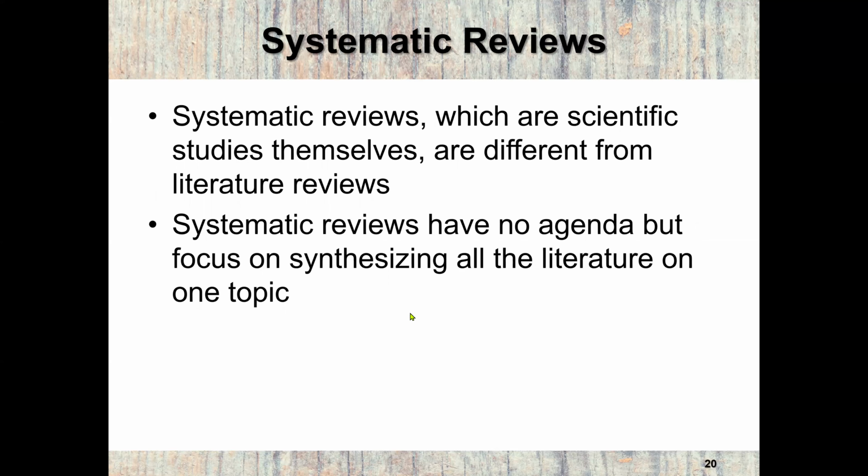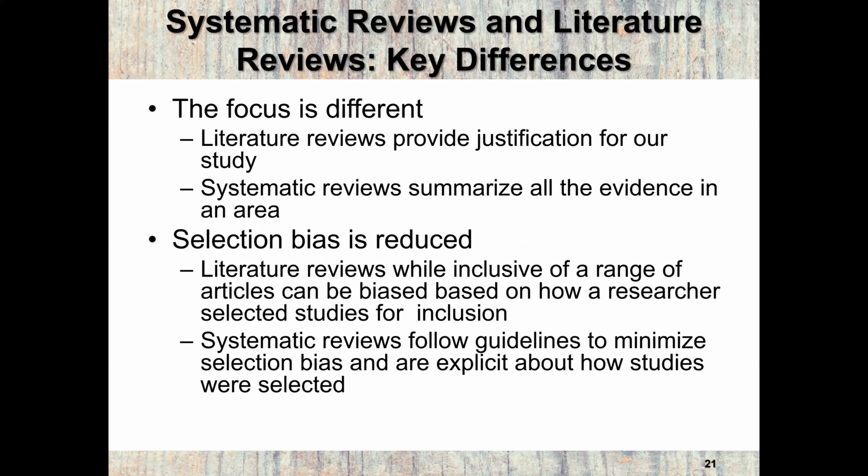Also, systematic review, very important. Research process against a systematic scientific process. So systematic reviews, which are scientific studies themselves, are different from literature reviews. Systematic reviews have no agenda, but focus on synthesizing all the literature on one topic. So the key difference between systematic review and literature review is that the focus is different.